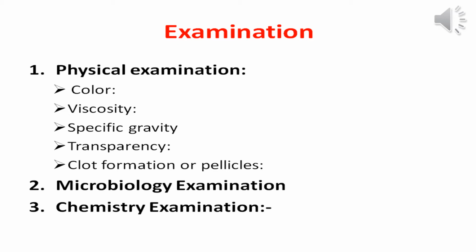If any formation or membrane develops on the surface of this tube, that layer indicates the presence of Mycobacterium tuberculosis, and from this layer you can make the culture and the acid fast stain.